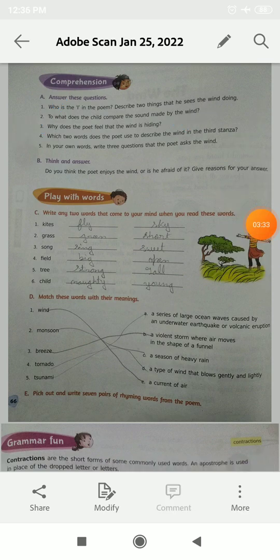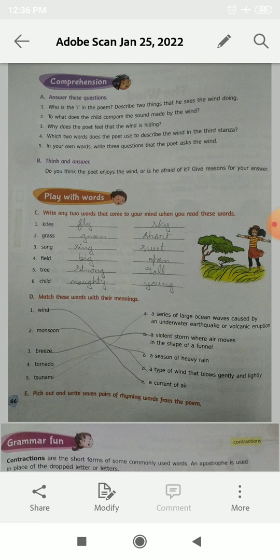Now the next question, question number 5. Sorry students, once again listen carefully. Question number 5 is: in your own words, write 3 questions that the poet asked the wind.